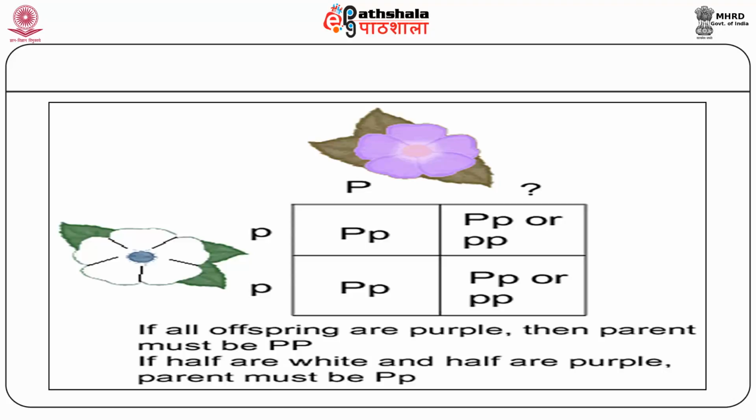In the third box we have uppercase P and lowercase p, whereas in the fourth box, which is at top with a question mark, which means the unknown gene or trait, it gives uppercase P with lowercase p or both uppercase P. If all offspring are purple, then the parent must be PP, or uppercase P. If half are white and half are purple, the parent must be a heterozygote with uppercase P and lowercase p.